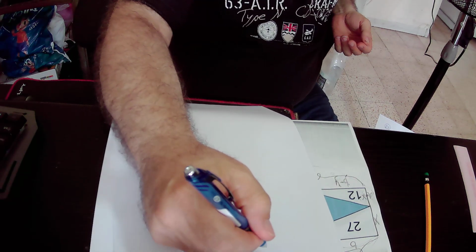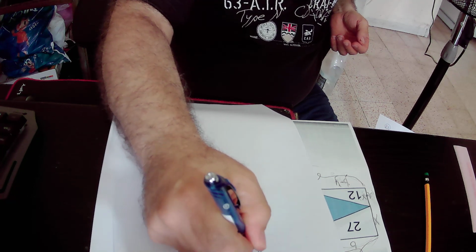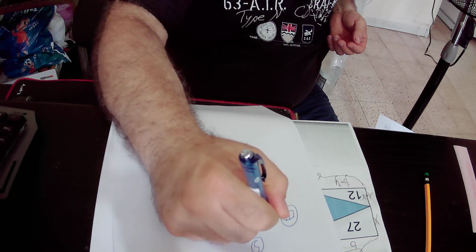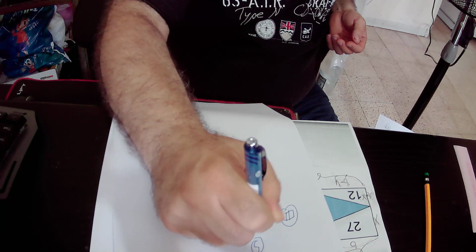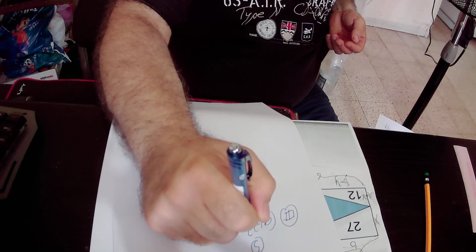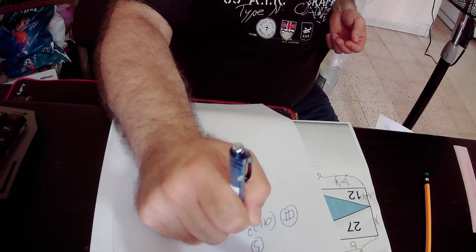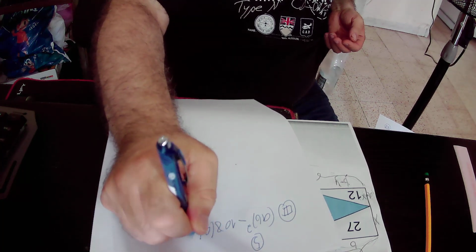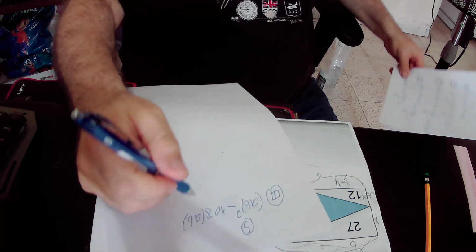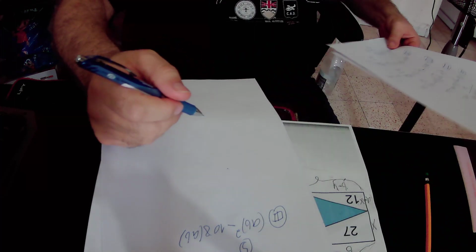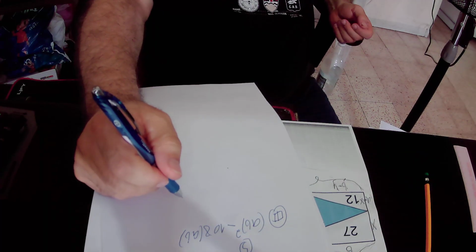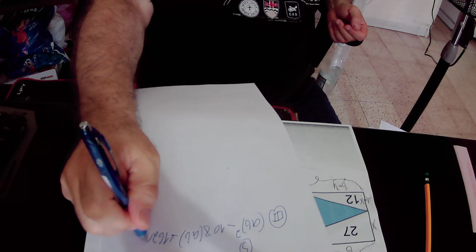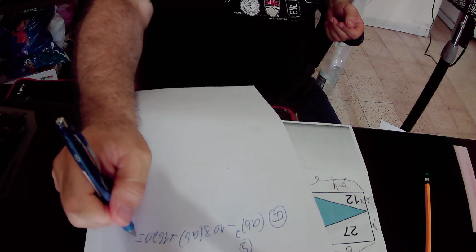We will get that ab times ab is ab squared, minus 108 times ab is negative 108 ab, and 1620 over ab times ab is 1620, and 0 times ab is 0.